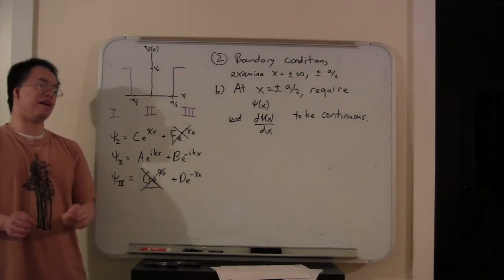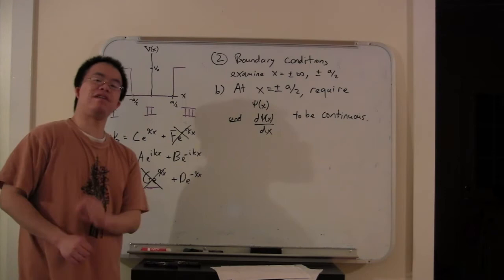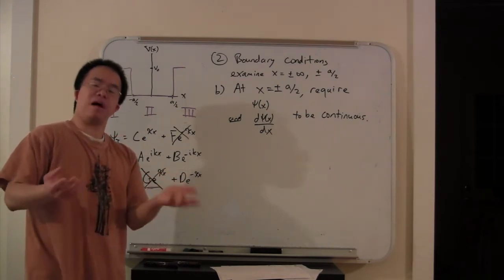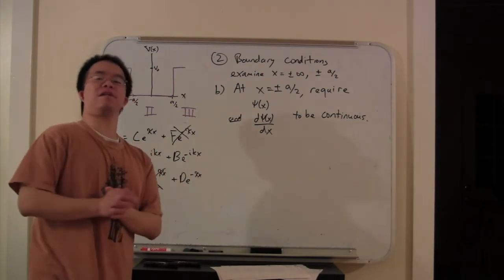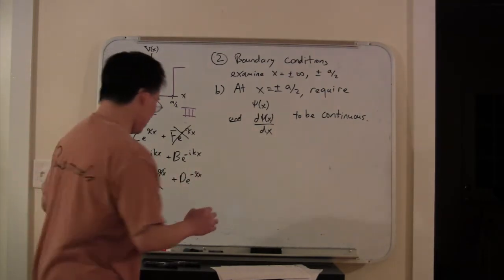Now, why is that the case? We can find out by looking at the time-independent Schrödinger equation. And if I rearrange that a little bit, I can write it in the following way.